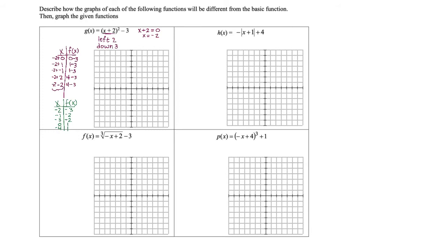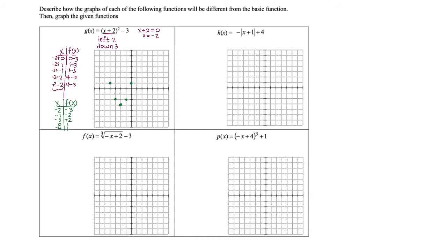So let's graph it. -2, -3, -1, -2, -3, -2, 0, 1, and -4, 1.